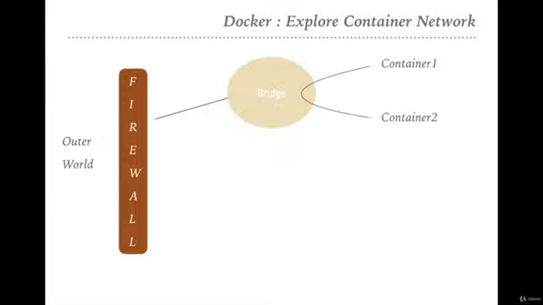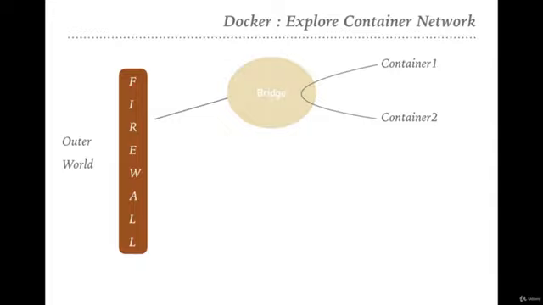The containers talk to each other with the help of the bridge. Container 1 and container 2, running inside Docker, are not communicating through your host machine. They have their own virtual private network called bridge, and they communicate with each other through this virtual private network.